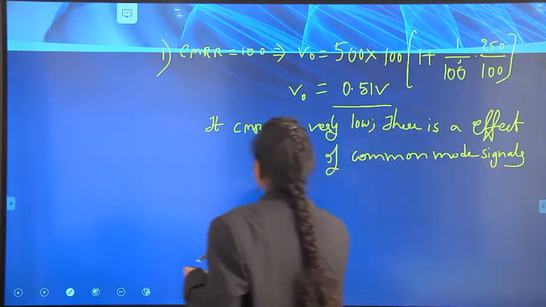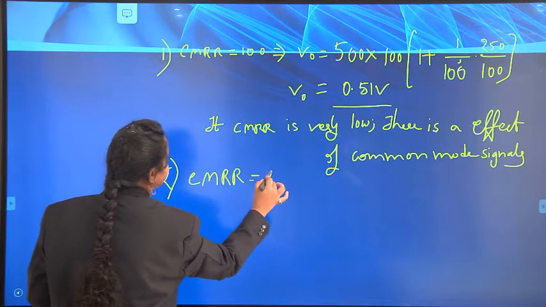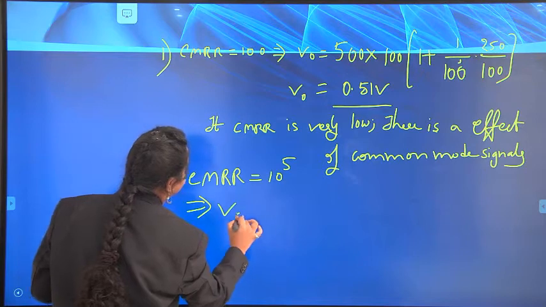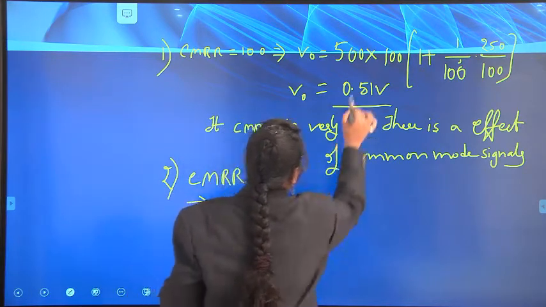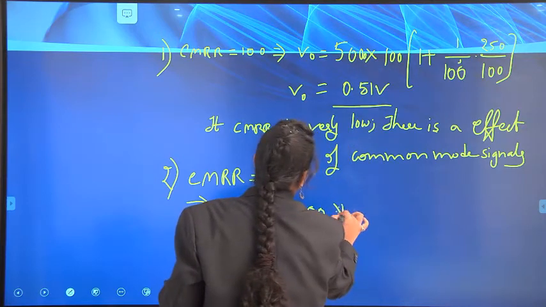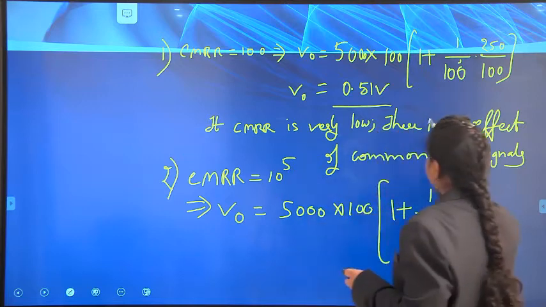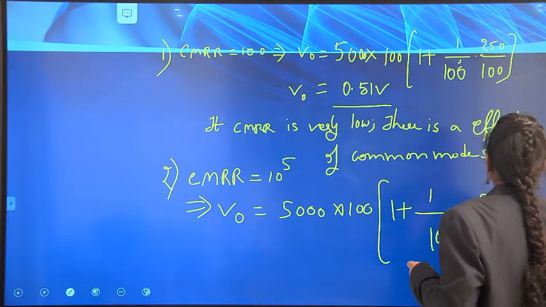Next, when CMRR equals 10 power 5, we can substitute these. V naught equals AD, which means 5000, into 100 of 1 plus 1 by rho, which means 10 power 5, into 250 by 100.